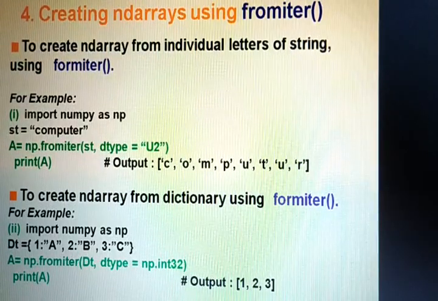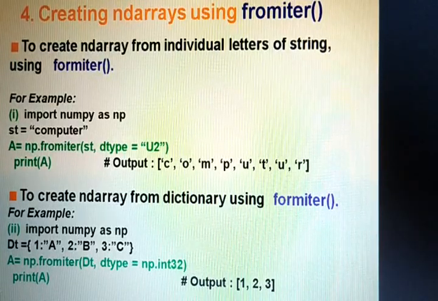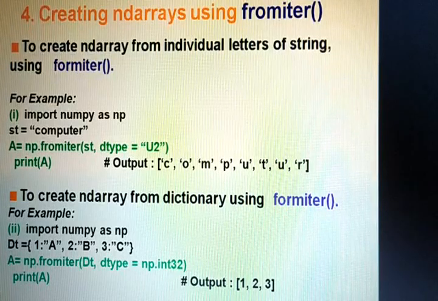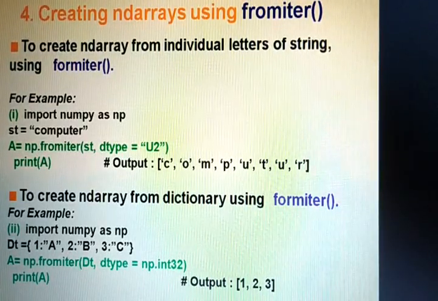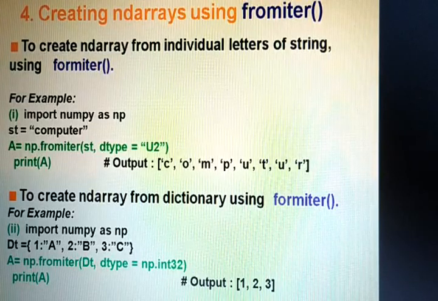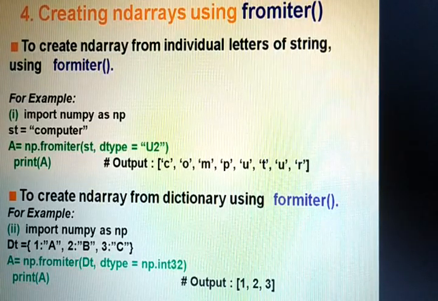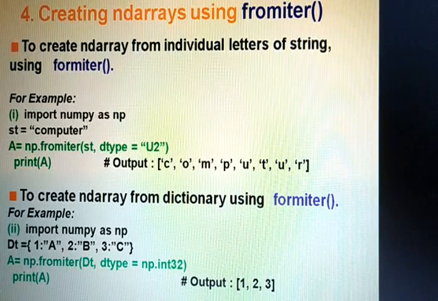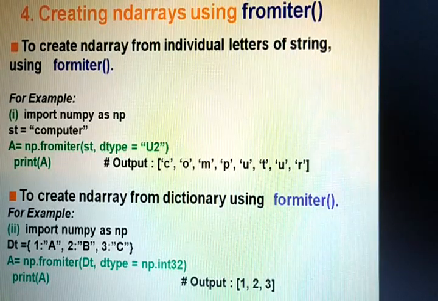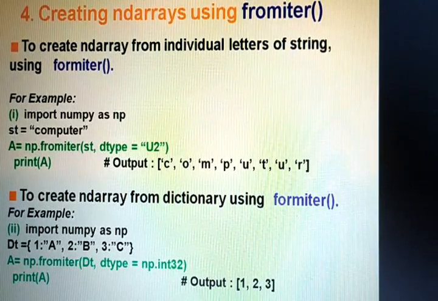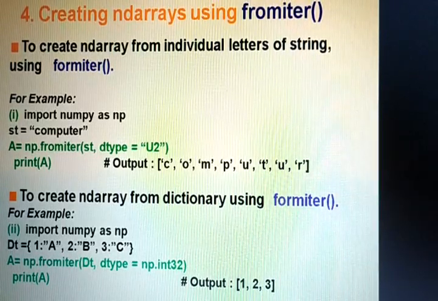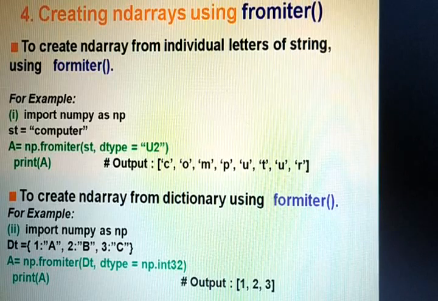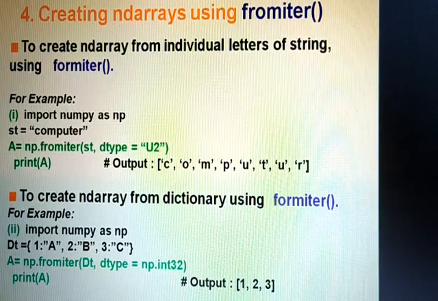We can define integer types with different storage ranges, that is int16, int32, int64, etc. In this example, the fromiter function will create an ND array that will have the keys of dictionary dt as the elements of the ND array a.